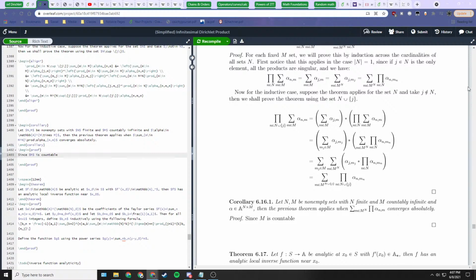This set will be too large, I think. If m is countably infinite, no, maybe this is fine.